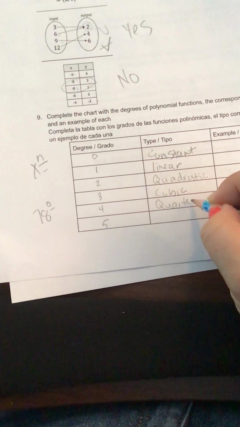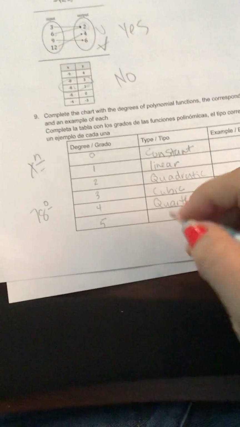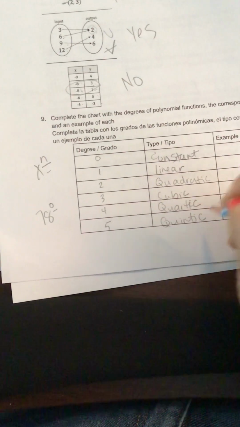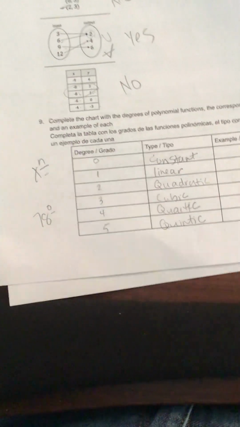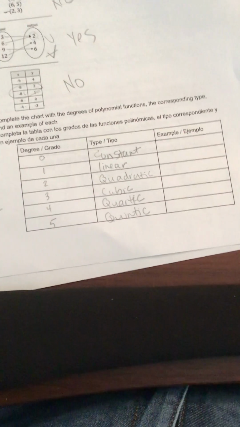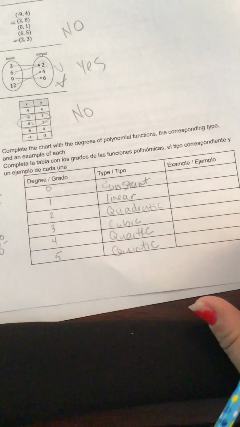Think of like a quarter. Quartic. And I was writing quarter. And then 5 is quintic. Okay, so you can kind of remember that by like quince. Quince is 15, or 1 and 5. 5 quintic, quince. You have connections there.